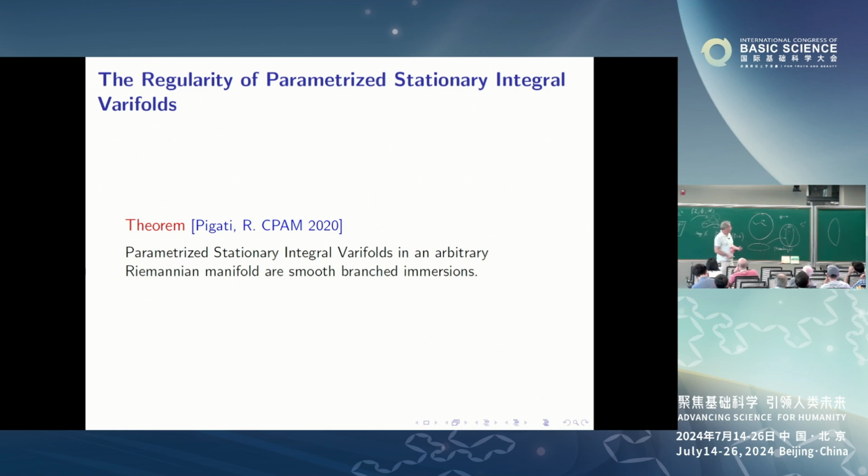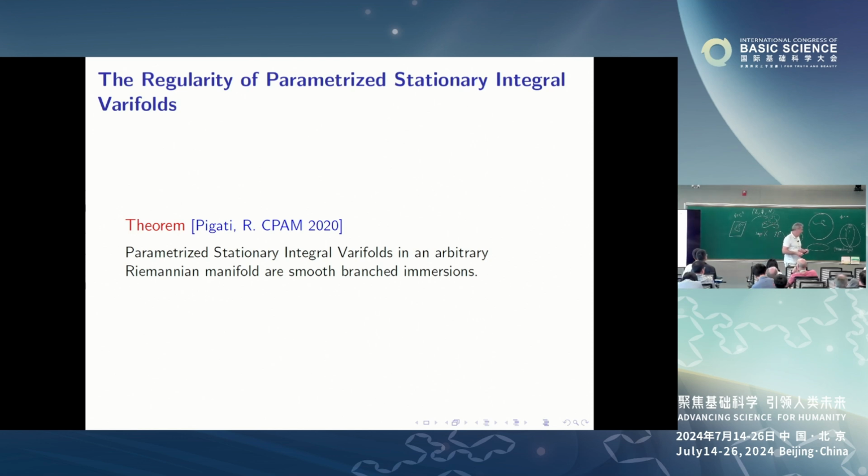And this is why, if you read, for instance, the works of Neshan Wickramasekera, he is facing this situation like this triple junction, and with the parameterized things, we avoid them automatically by the structure. And they come naturally from the variational problem.